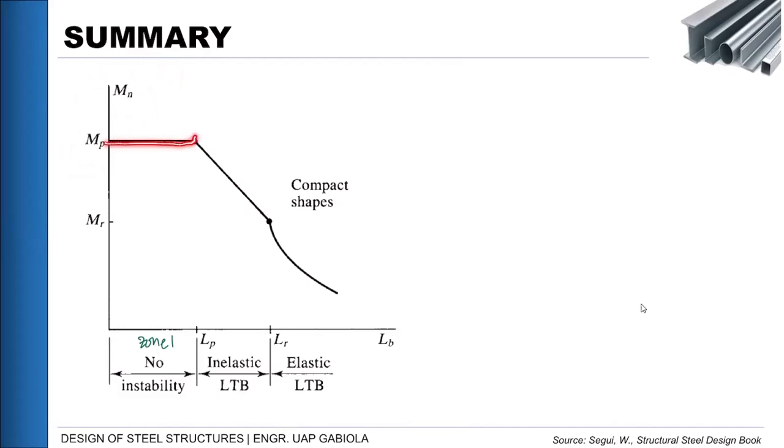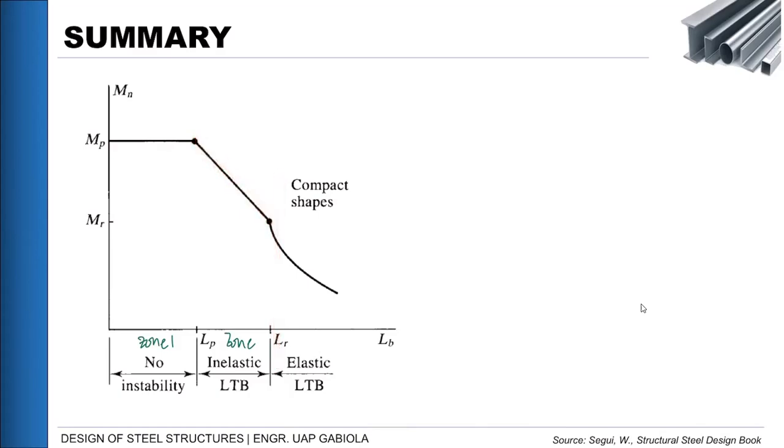And as we have lateral torsional buckling along dun sa length natin or kapag pumasok na tayo sa zone 2, no? Makikita natin nagkaroon ng linear decrease dun sa ating section, no? Hanggang dito sa LR, sa value ng LR.